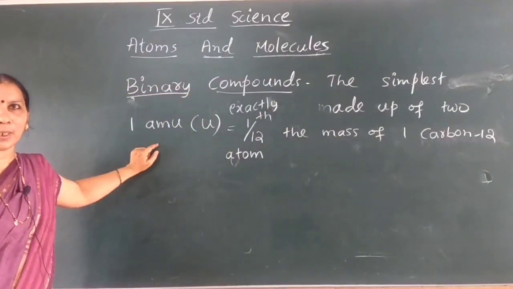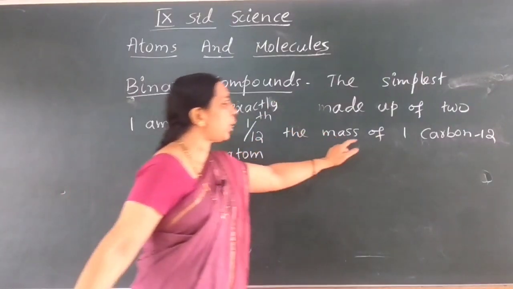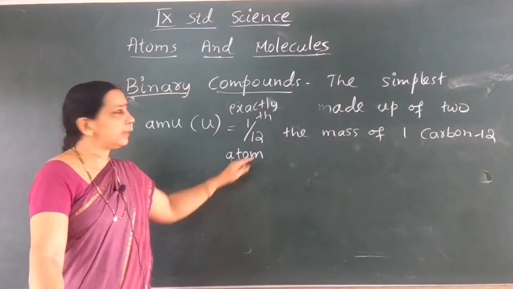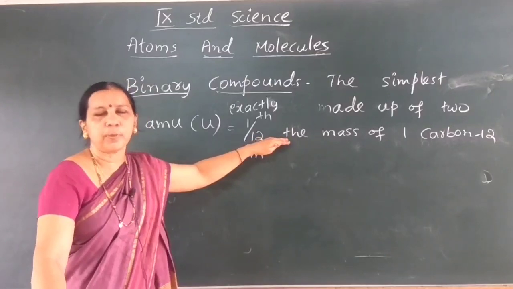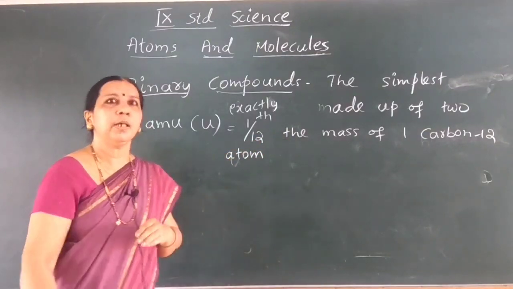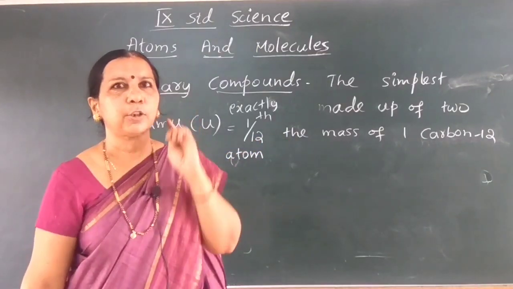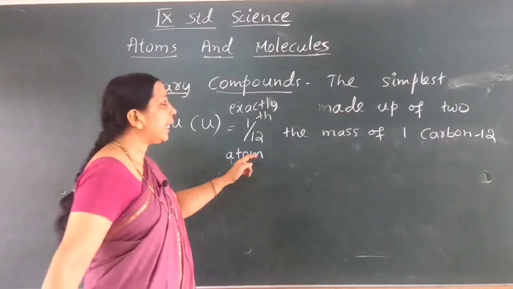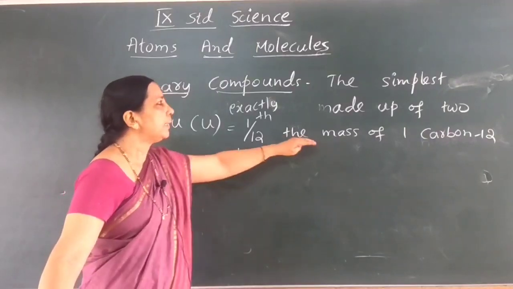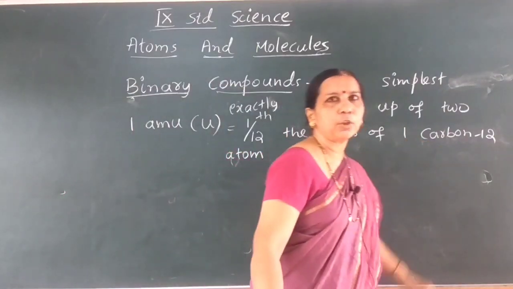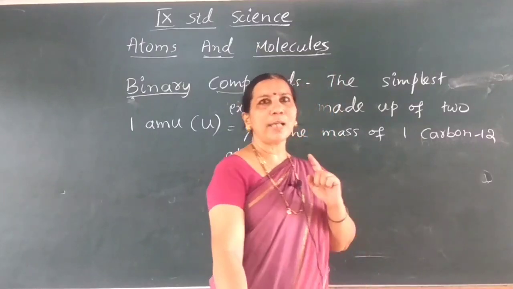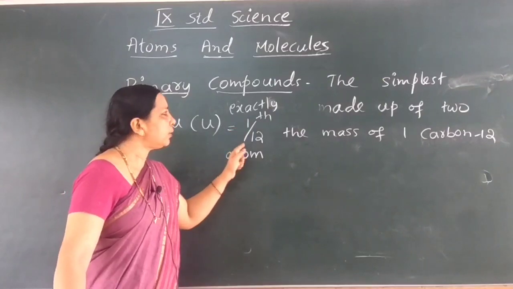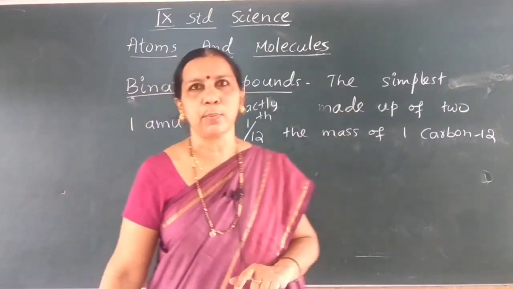It is difficult to find the mass of each atom, so relative atomic mass is found out taking the reference of the carbon 12 isotope. So 1 AMU is exactly equal to 1/12 the mass of 1 carbon 12 atom.